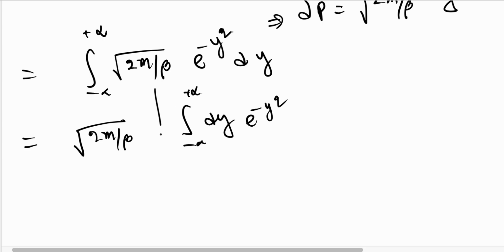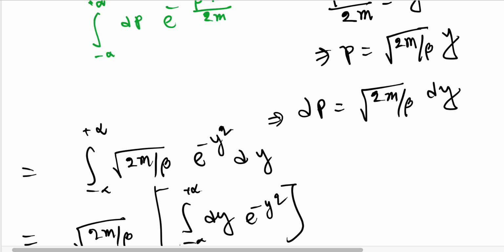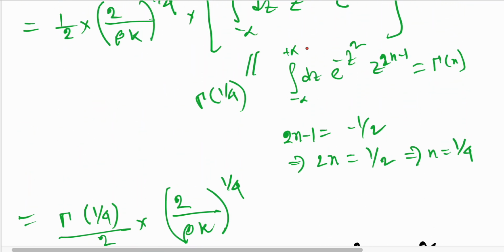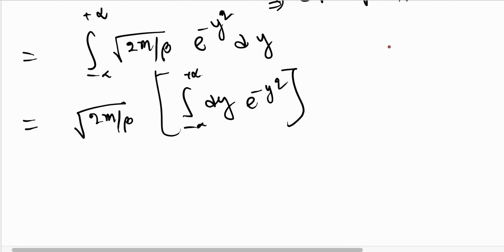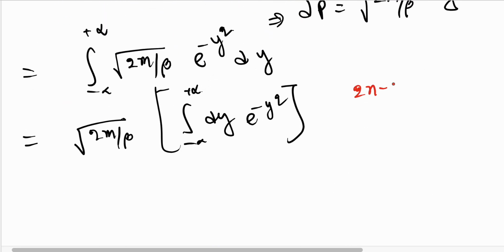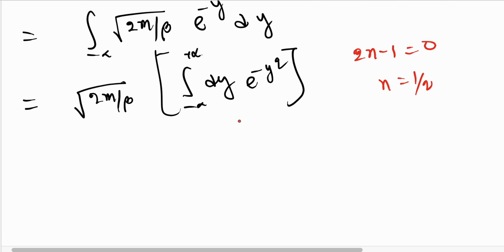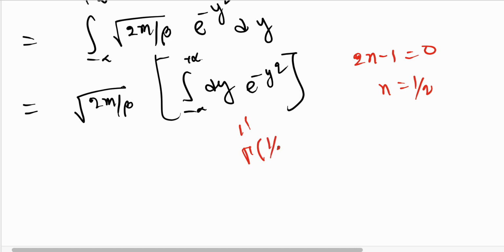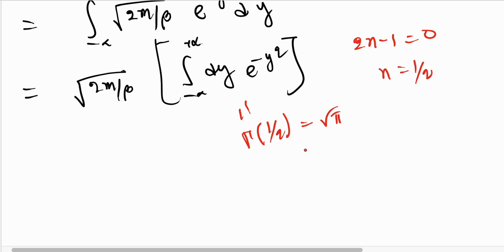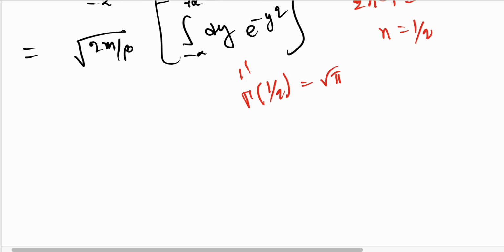From the definition of the gamma function, we know that 2n minus 1 equal to 0, that means n equals half. So this value is gamma half, which is nothing but root pi. So this is gamma half into root over 2m by beta.